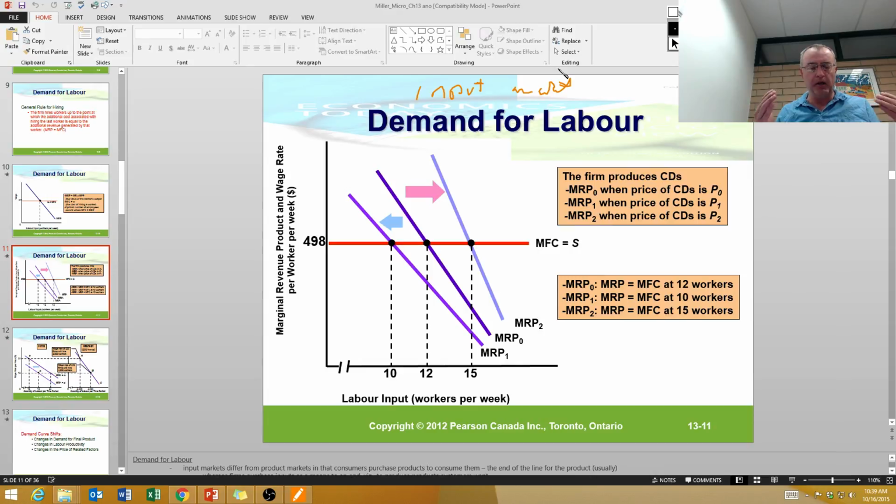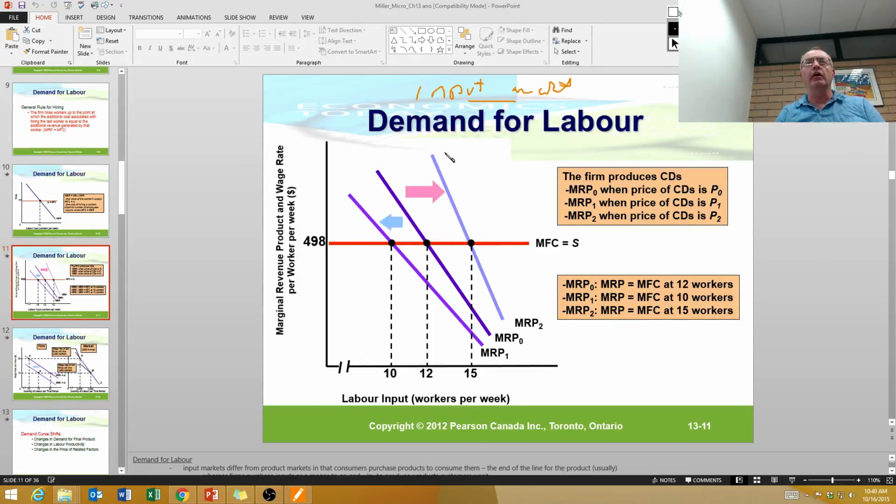And when consumers buy a product, that's effectively the end of the life of the product. But input markets are different, because firms buy inputs not for the purpose of consuming them, but for the purpose of producing outputs. And so the demand for the input depends on the customer demand for the corresponding output.